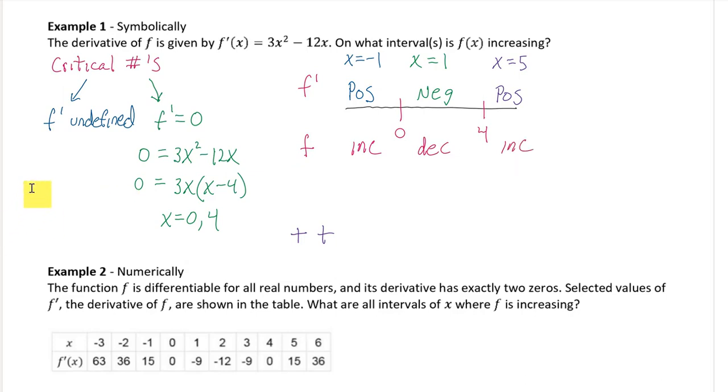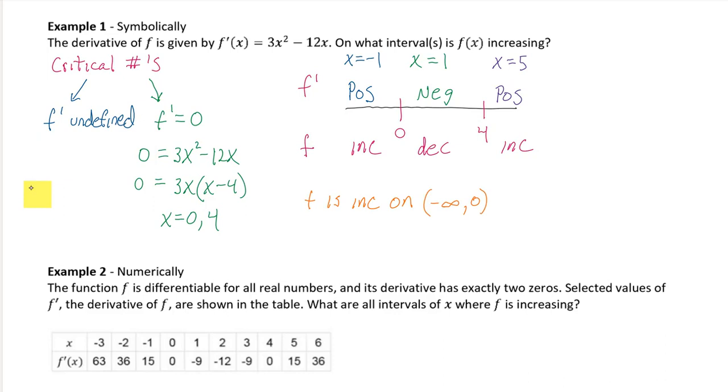All right. Now, we're not done yet. It said on what intervals is f increasing. So now we need to write out our solution here. So I would say that f is increasing on, and I'm going to list the intervals here, -infinity to 0. This is a little bit different from position and velocity, because position and velocity starts at 0 since we're talking about time.